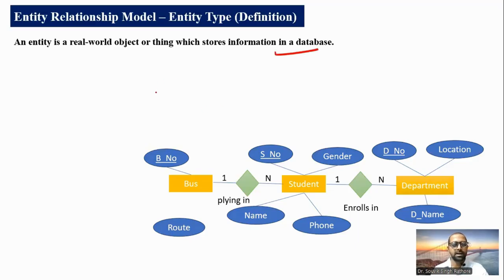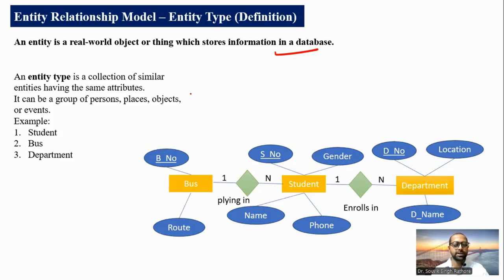For example, a student in the college is an entity. A bus in the transportation system is an entity. Similarly, the computer science department in the college is an entity. A teacher like me is an entity, or a subject like DBMS can be an entity. All these things are entities because we want to store information about them.